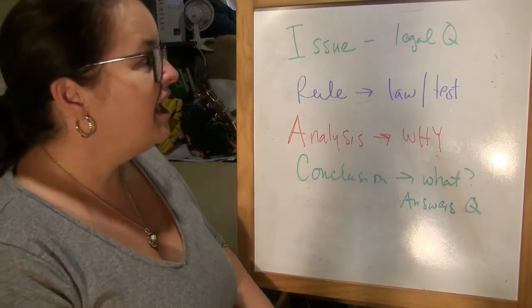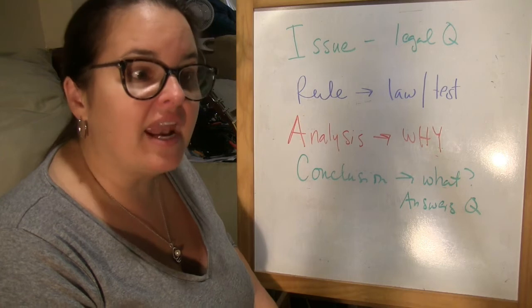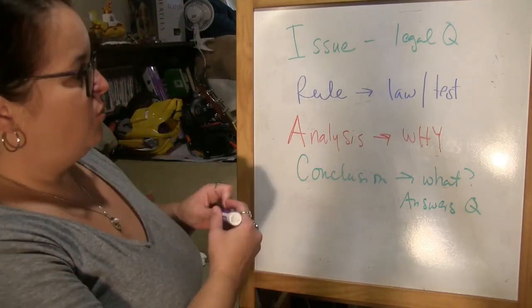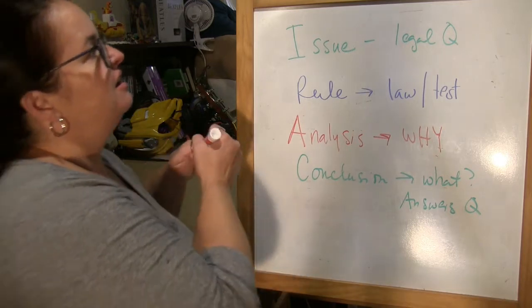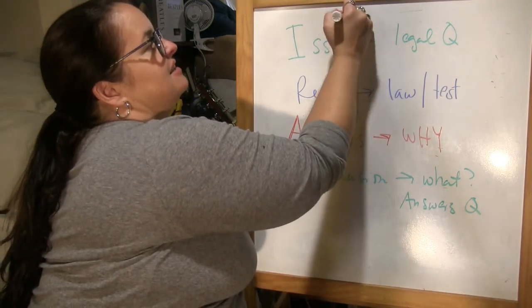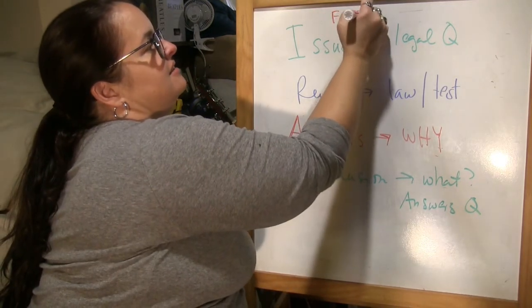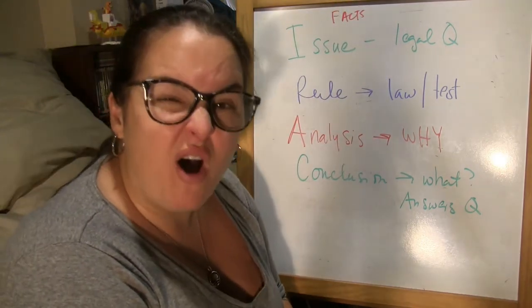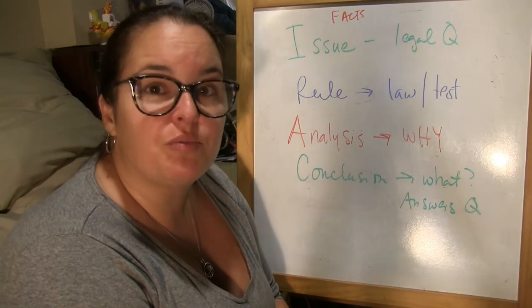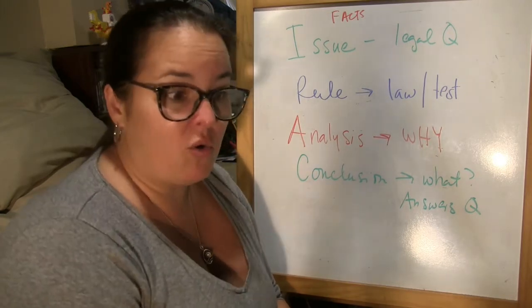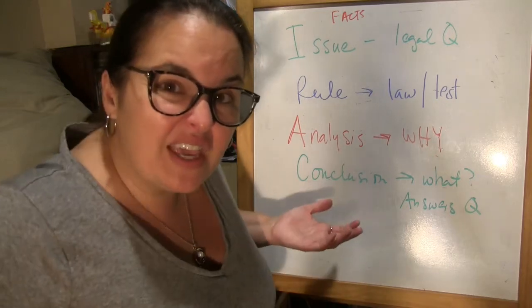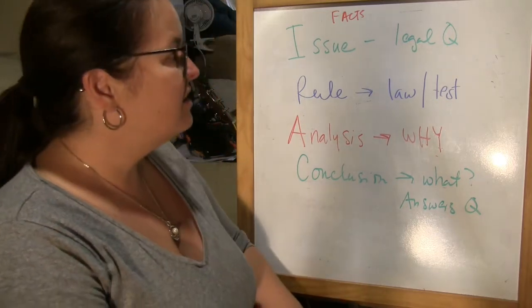But if I'm in front of a court and I'm making an argument, there's a reason why we don't always see the facts first. Because the facts don't always matter. If I'm arguing in front of the Supreme Court or an appellate court or whatever, do I care if the cases all have the same facts?